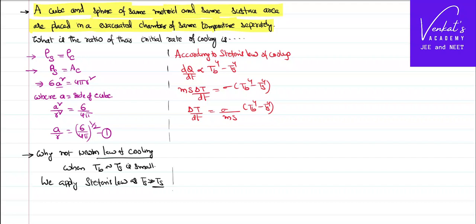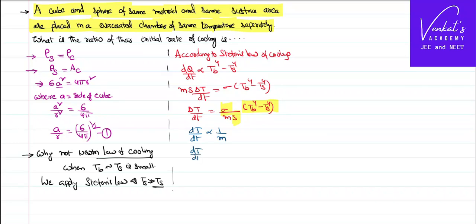Now, the temperatures of the bodies and surroundings are the same, as mentioned in the problem, so this is not a variable. Sigma is a constant, and since they are made of the same material, specific heat is also the same. So the only different parameter is mass: the rate of cooling is inversely proportional to mass.